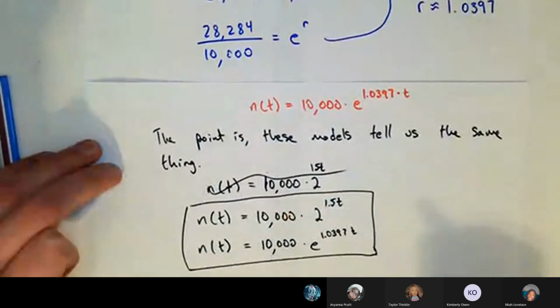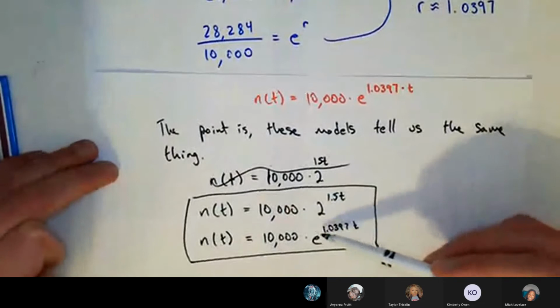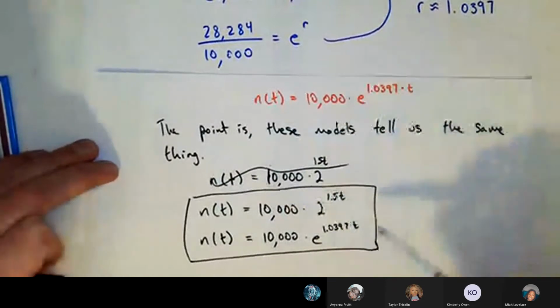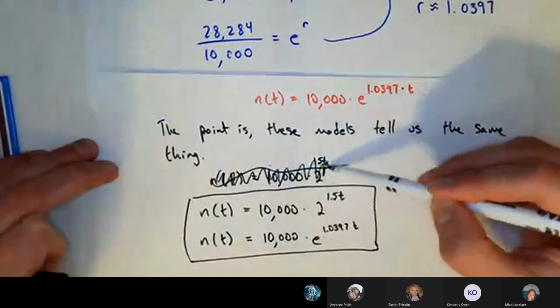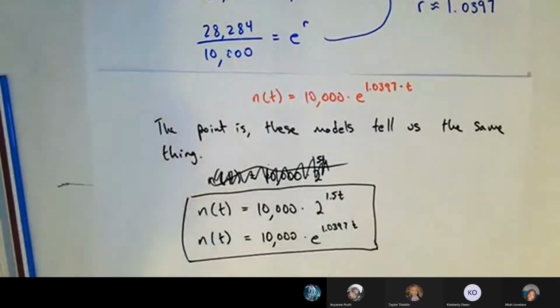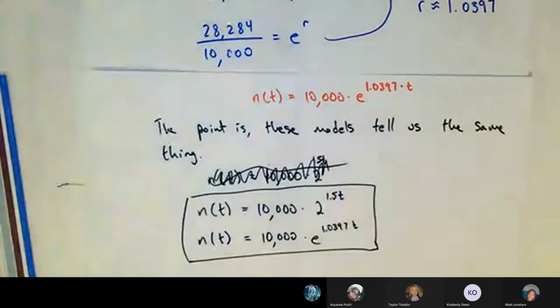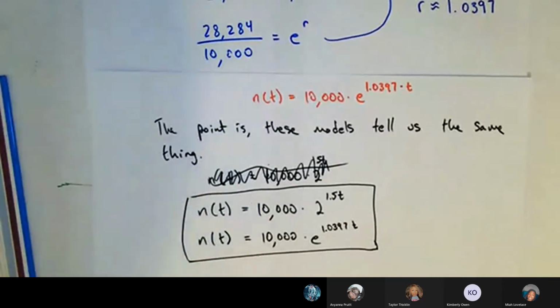They're the same, because the data that gave me my relative rate of growth for this one came from the doubling time model. So both of these would be legitimate models for the original problem of modeling a bacteria population that doubles every 40 minutes with an initial population of 10,000.